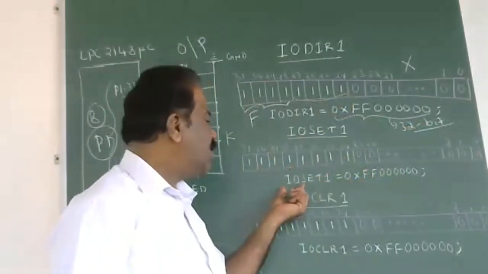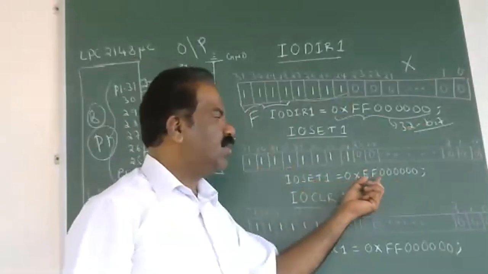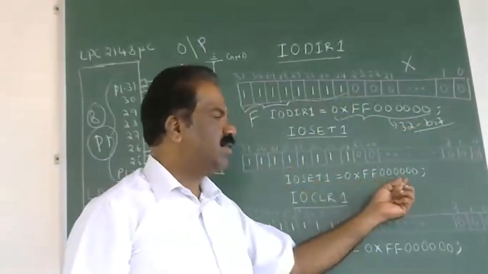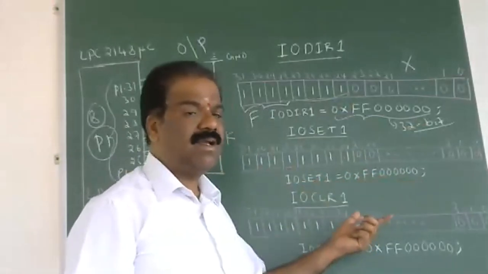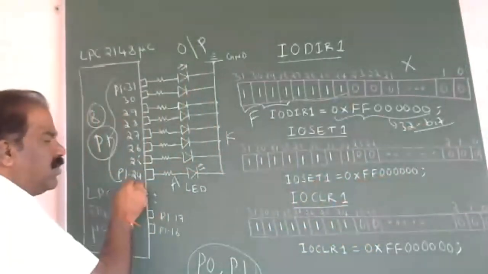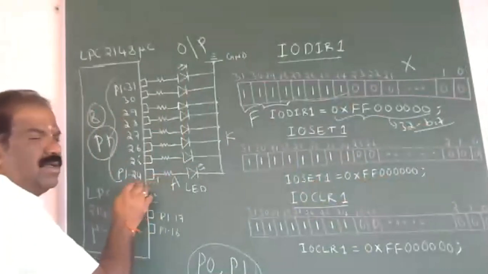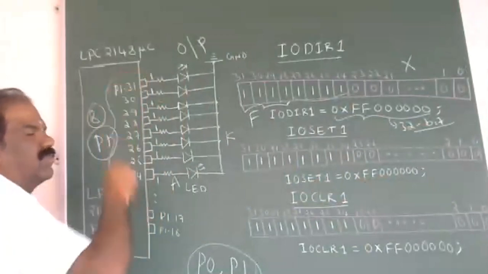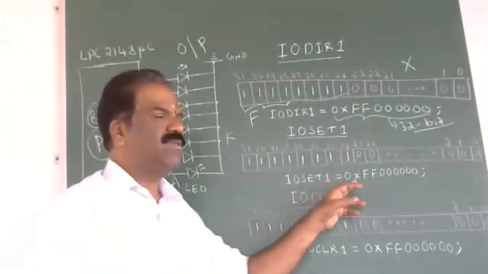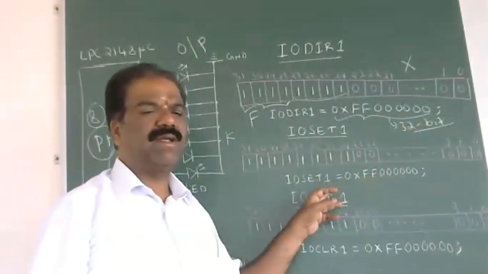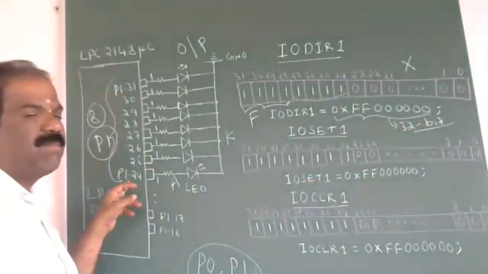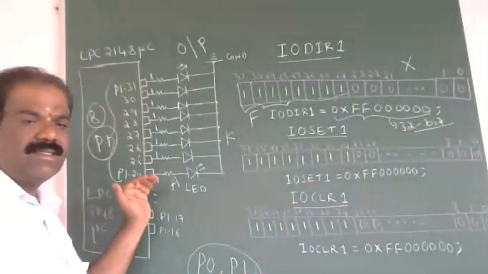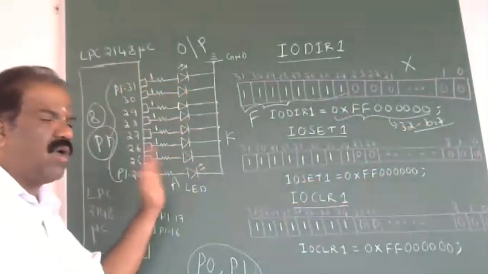Therefore, if you write IO set 1 equal to 0x FF 000000, once you execute this statement, P1.24 pin becomes high. This also becomes high. Everything becomes high, starting from P1.24 till P1.31. Then all LEDs are on.